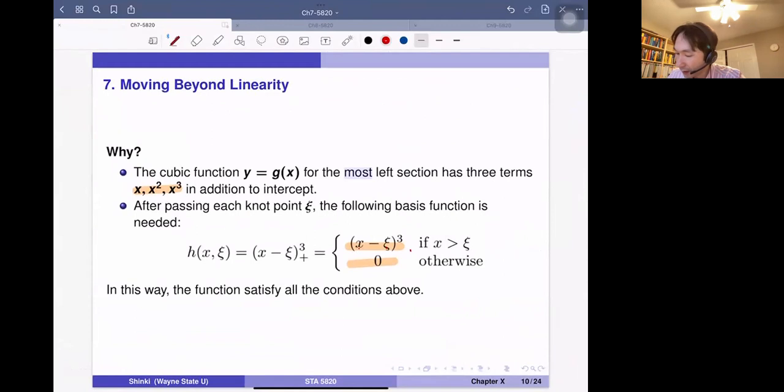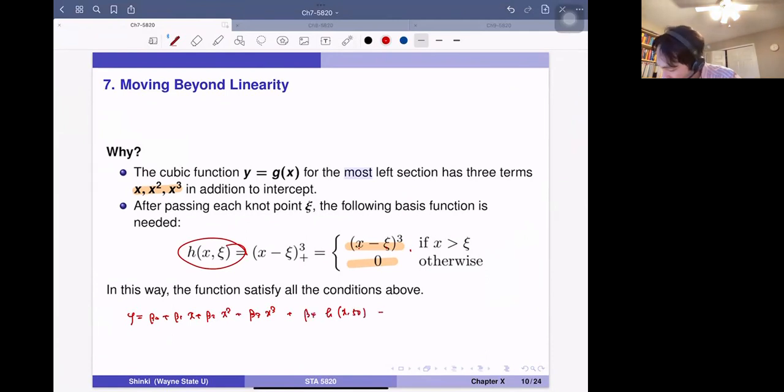So originally, we fit y is equal to beta naught plus beta 1x plus beta 2x squared plus beta 3x cubed, right? Then after the change point, we add this one. So h of xc, in our case, maybe x50. Then we have another one, beta 4.